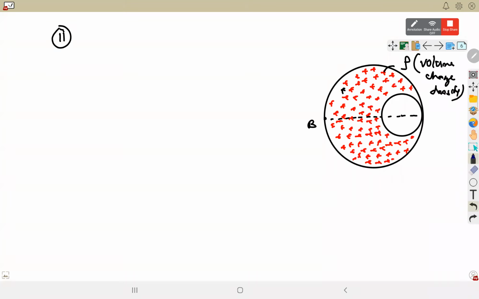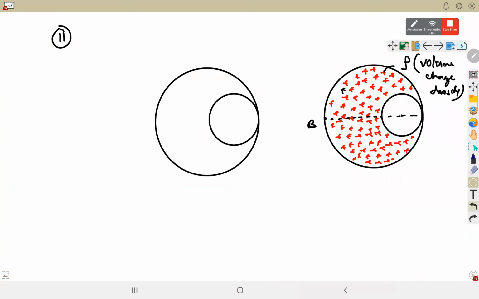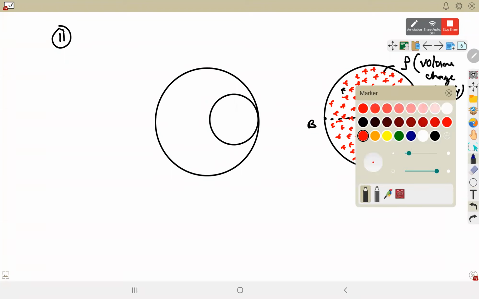So what we do first, we consider this as a whole solid sphere, positively charged whole big solid sphere, then the negatively charged sphere inside the cavity.